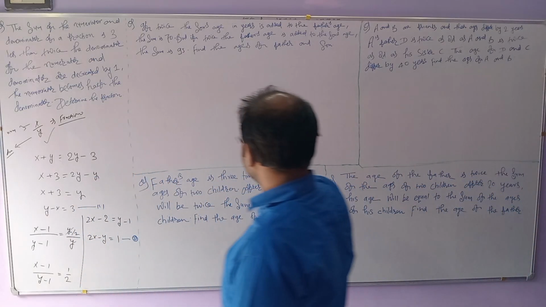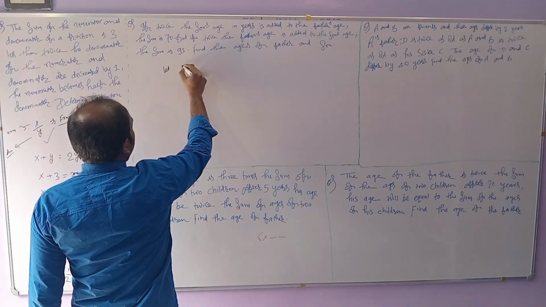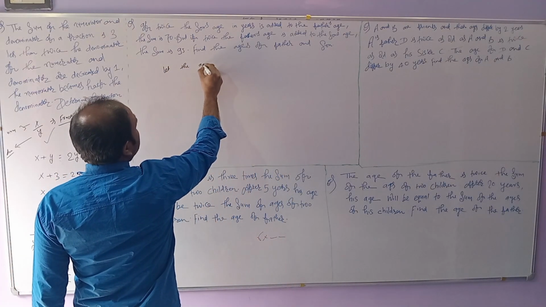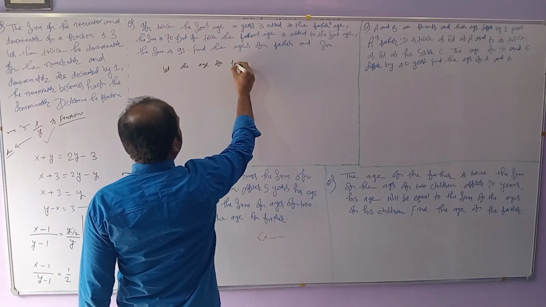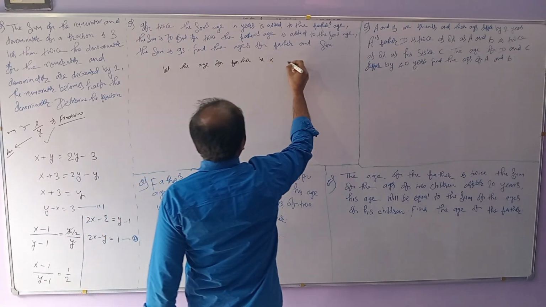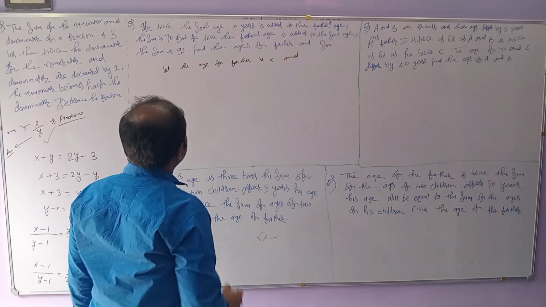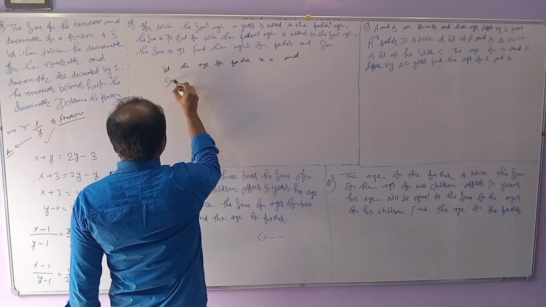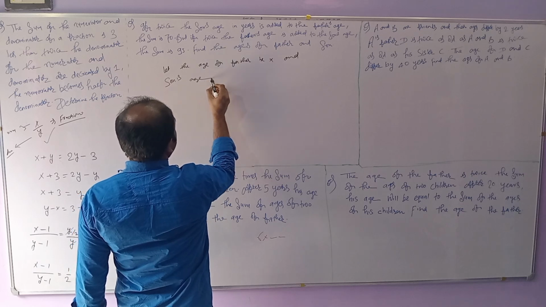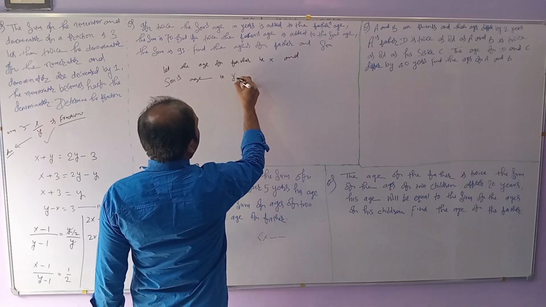Let the age of the father be x and the son's age be y.